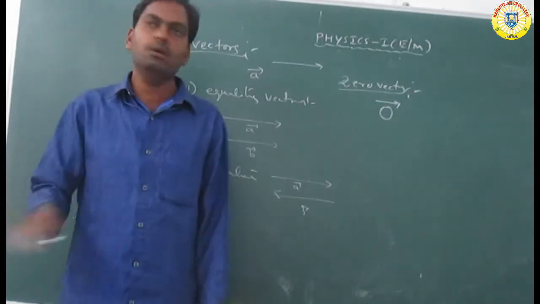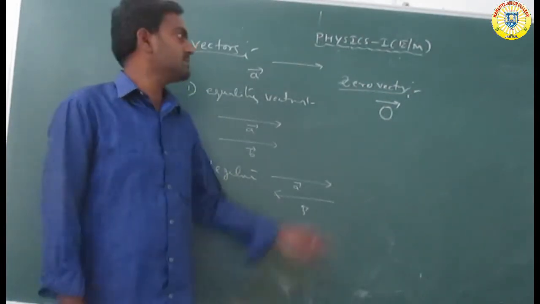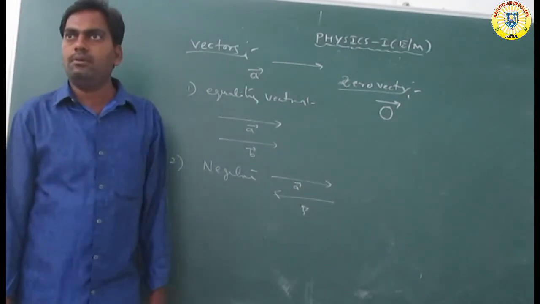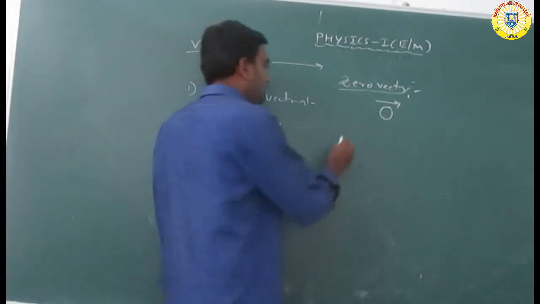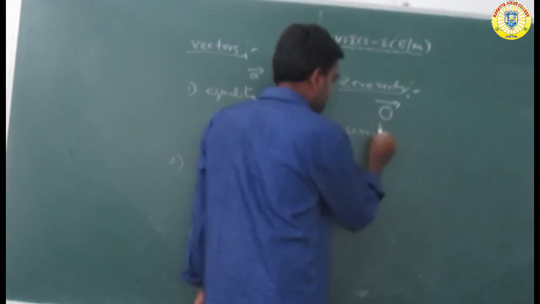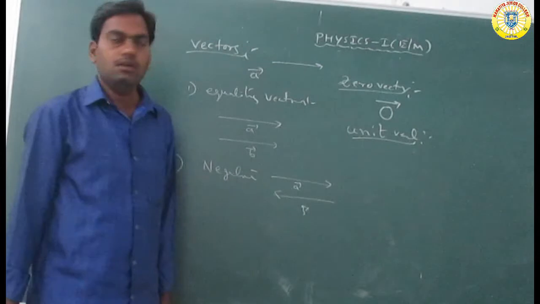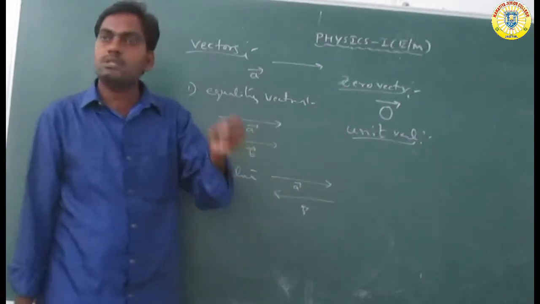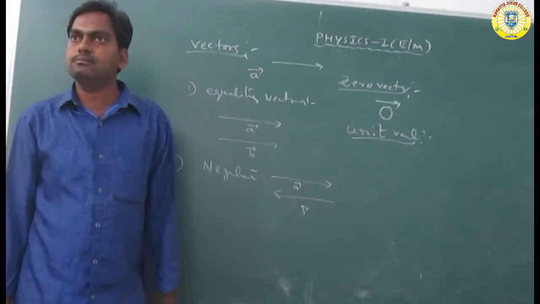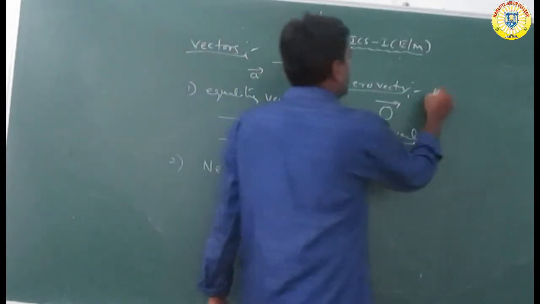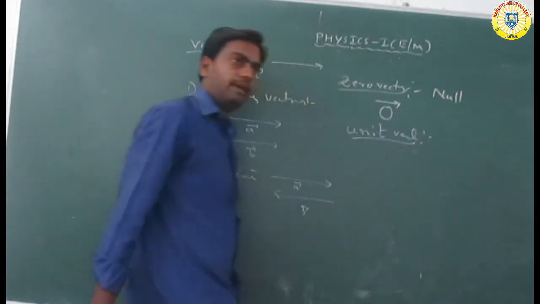That is called a zero vector. Got it? The zero vector is also called a null vector. Another name is null vector.